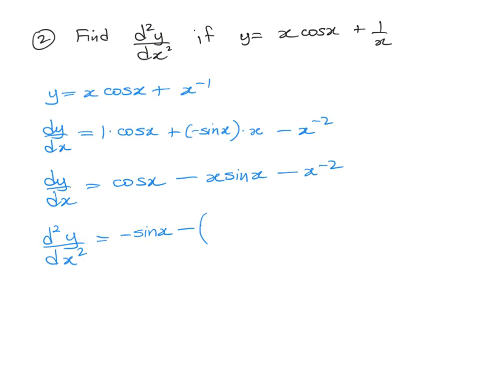So the derivative of x is 1, and then times the sine x left alone, plus the derivative of sine x, which is cosine x, and then times the x left alone. And again, I put the minus sign here and then parentheses around this final product rule answer, and then I'll distribute that minus sign when I'm done.